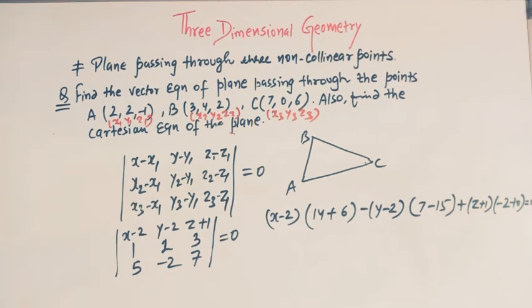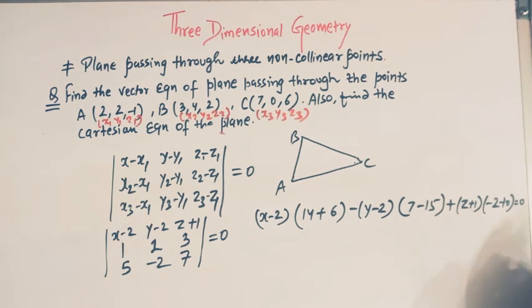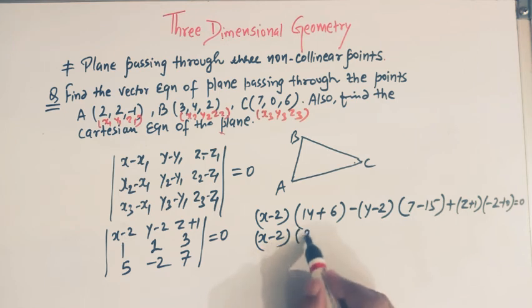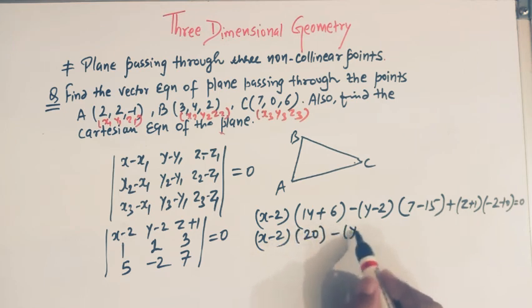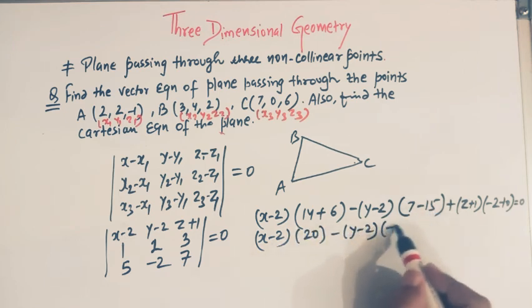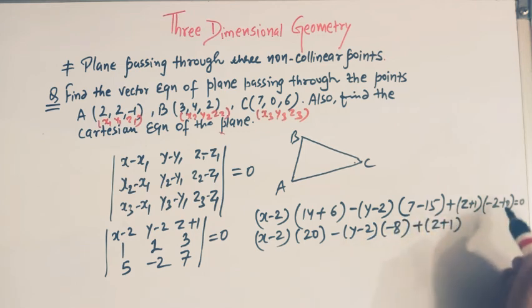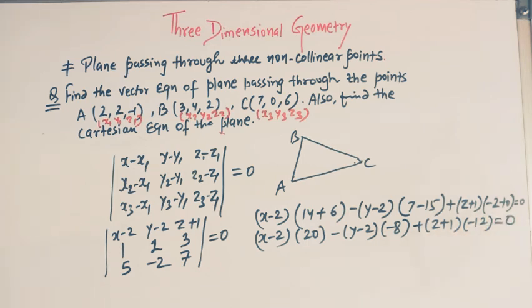Okay, so this is equal to 0. Okay, so this is x minus 2, this is 20, here we have y minus 2, here we have minus 8, and then we have z plus 1, this is minus 12, equal to 0, right?